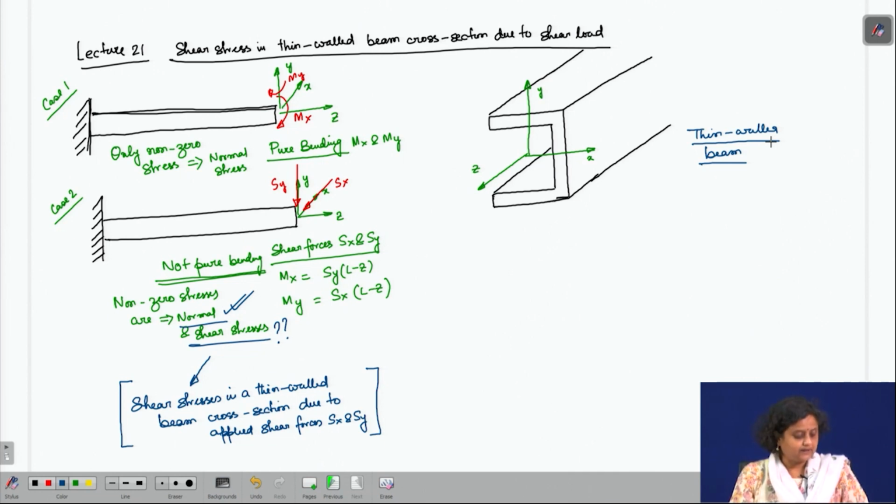Now, let us consider a small elemental portion of the beam.